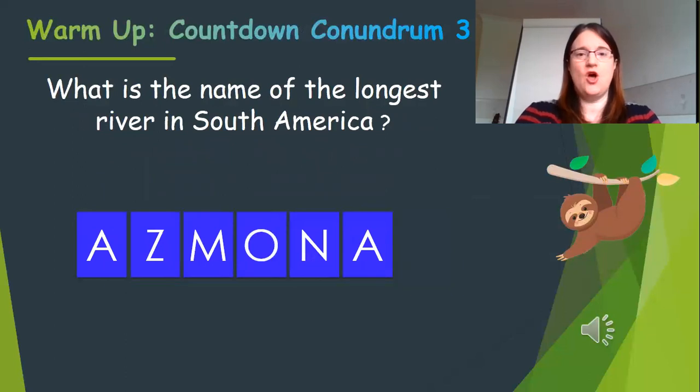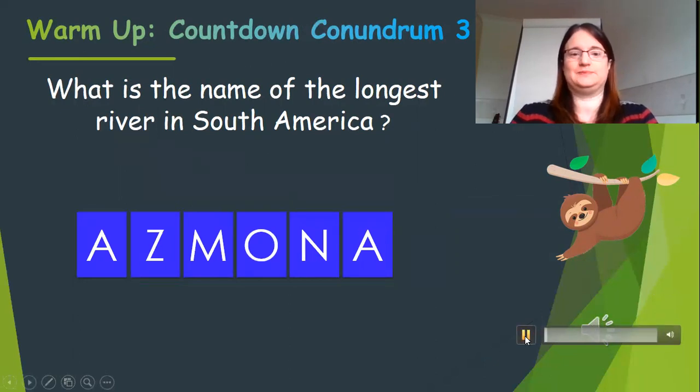Okay, let's try the next one. What is the name of the longest river in South America? Go.